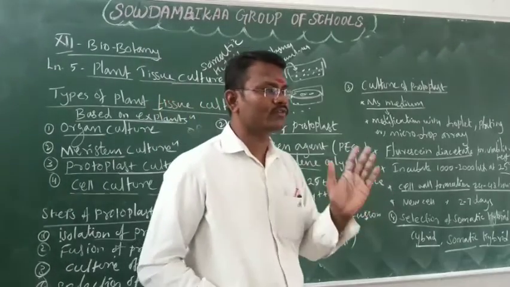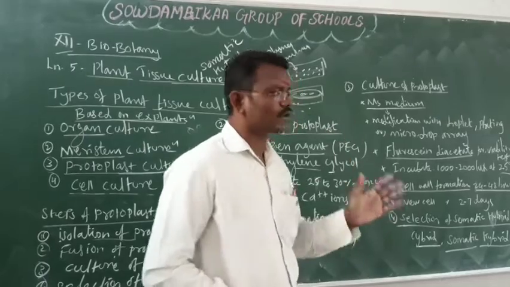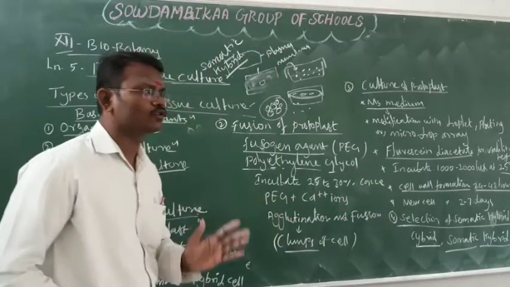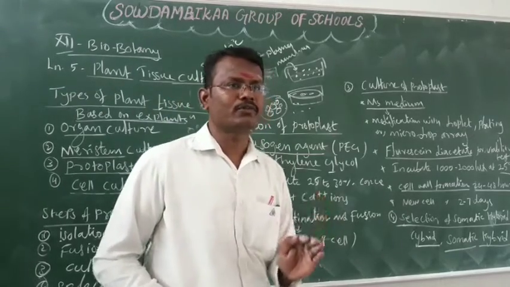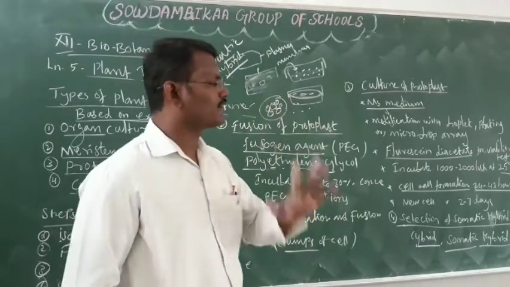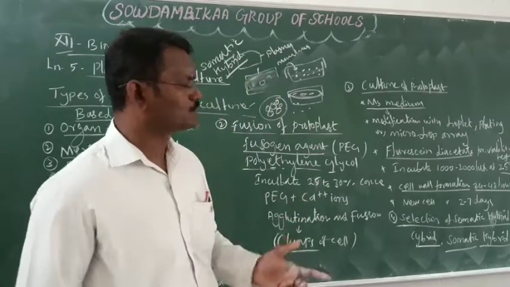Before culture we test for viability. We incubate the protoplast at 1000 to 2000 lux light and 25 degrees Celsius. The cell wall formation takes 24 to 48 hours, and the new cell division takes place in 2 to 7 days.